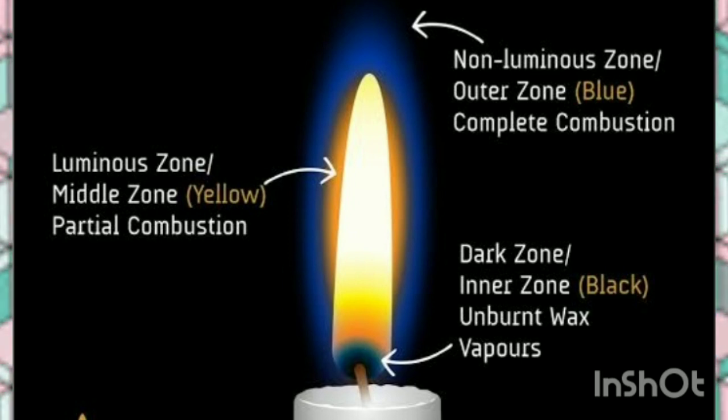The inner zone is black in color and it is the coolest part of the flame. In this zone, wax vapors remain unburned and there is no oxygen. So oxygen is not available in this zone.